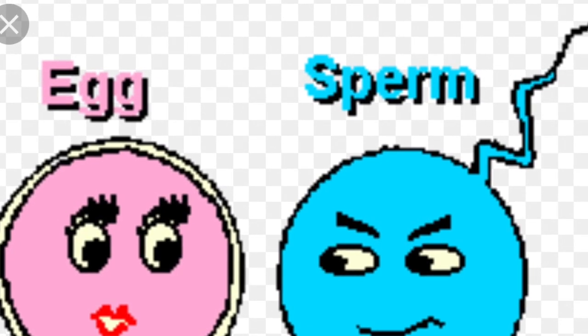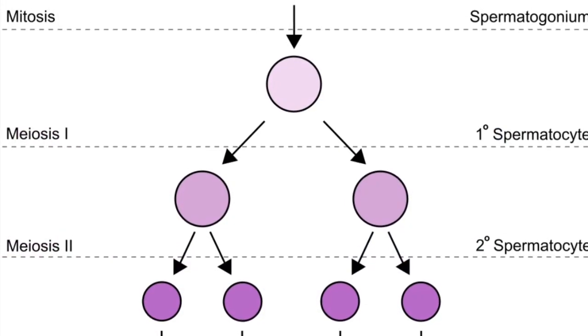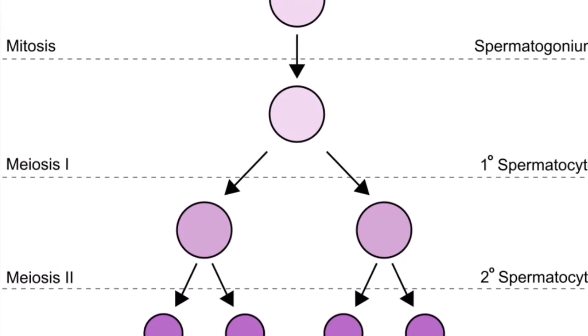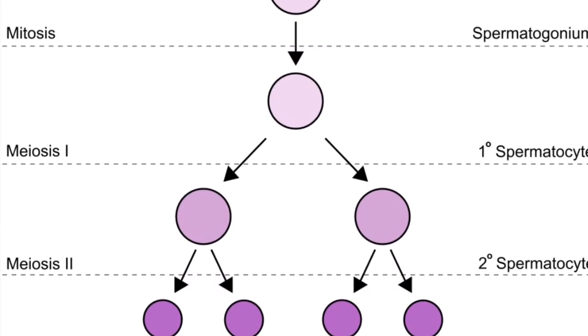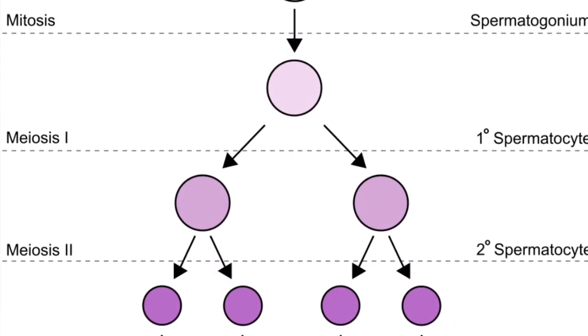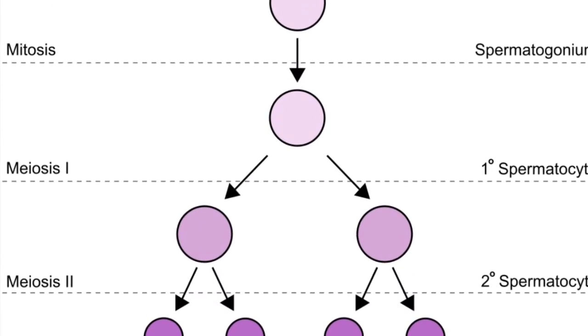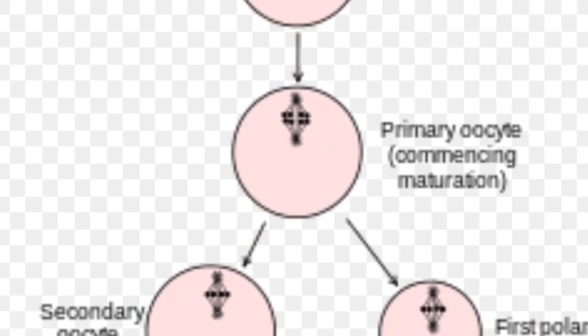Then after that, because we're talking about sex cells, there are 2 types of cells that we can get through meiosis. That's going to be the sperm and the egg cells. And so whenever we get sex cells like sperm from meiosis, it's going to go through what we call spermatogenesis. Basically, we're getting the formation of 4 different sperm cells.